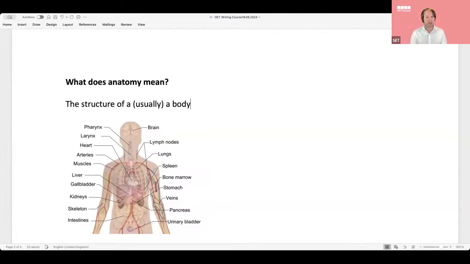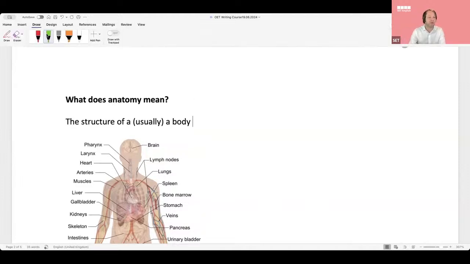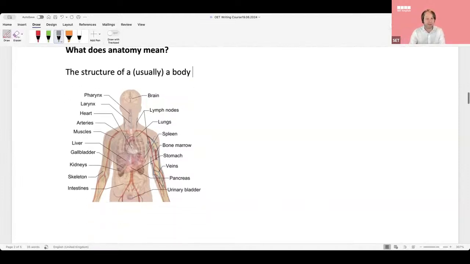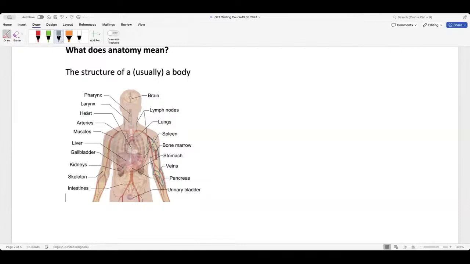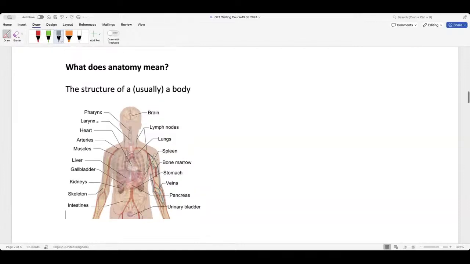So for example, we have the lungs here, right? Brain here. It's the structure. It's where things are. Okay, you guys know this much better than me. Probably you can teach me this body anatomy, right? I don't know anything about this really, apart from some basics.